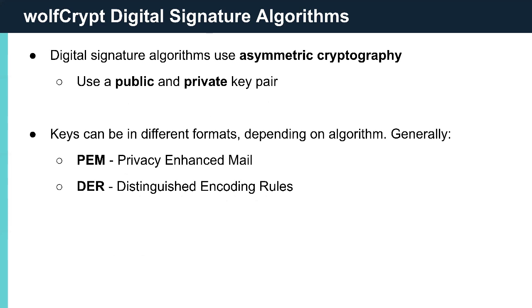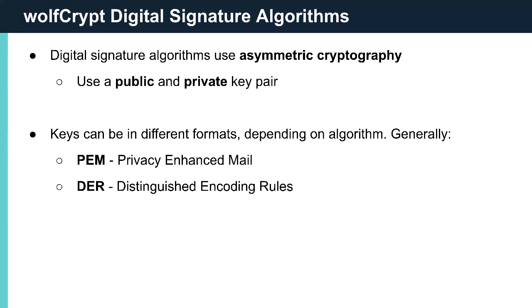So these digital signature algorithms use asymmetric crypto, meaning you have a public and private key pair that you're using for operations. Keys can be in different formats, encoded differently. Some of the encoding formats you'll see are PEM, which stands for Privacy Enhanced Mail, or DER, which stands for Distinguished Encoding Rules.